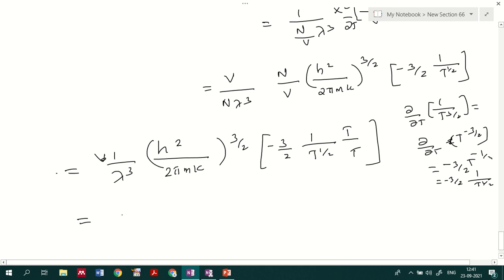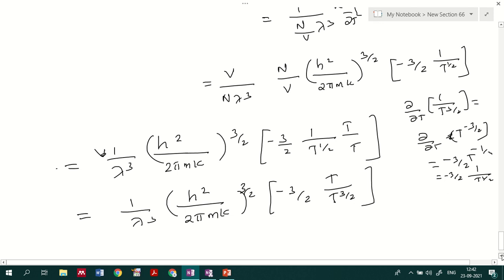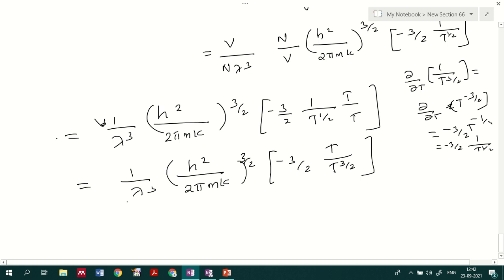This is equal to 1 by lambda cube, and in the denominator T raised to 3 by 2 will be coming, so (h square by 2 pi mk) raised to 3 by 2, into minus 3 by 2 into T. I can take the T raised to 3 by 2 inside this bracket.